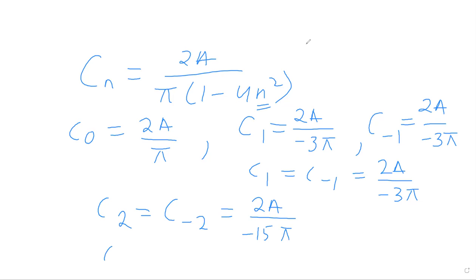Okay, similarly C3 and C minus 3 can be written as 2a upon pi into 1 minus 3 square, which is 9, 9 into 4 is 36, so minus 35 pi. Okay, so we have all these values.